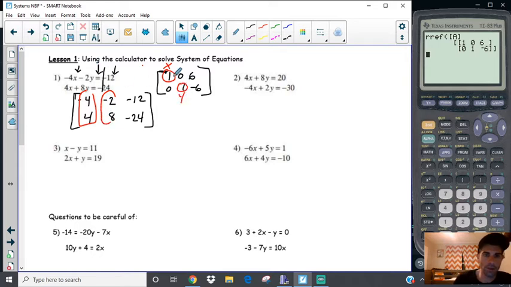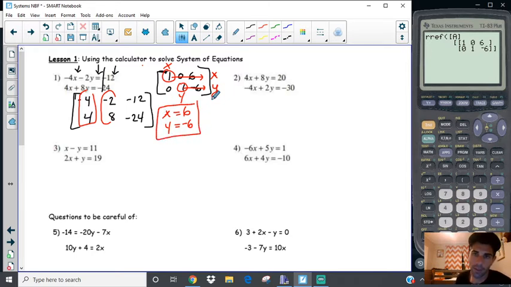So this is telling me the value of x, and this here is telling you the value of y. And it's always going to be set like this, unless it's a special case, maybe infinite or no solutions. So I would say that the value of x is 6, and the value of y is negative 6, and I am finished. I found my values of x and y. And that is how you do these questions, okay?